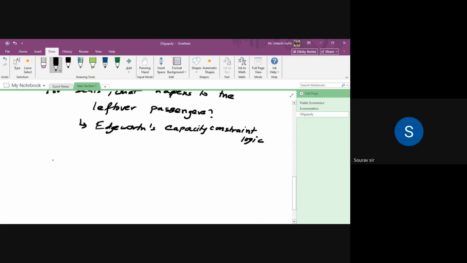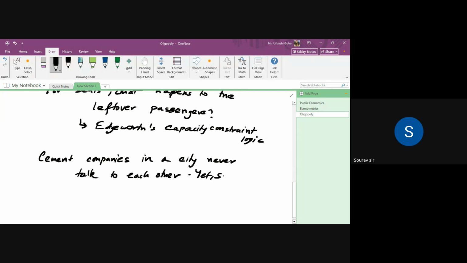Now, Chamberlain is there. What is that? To go with an example, cement companies in a city never talk to each other. Yet, strangely, all of them keep their price at rupees 400.